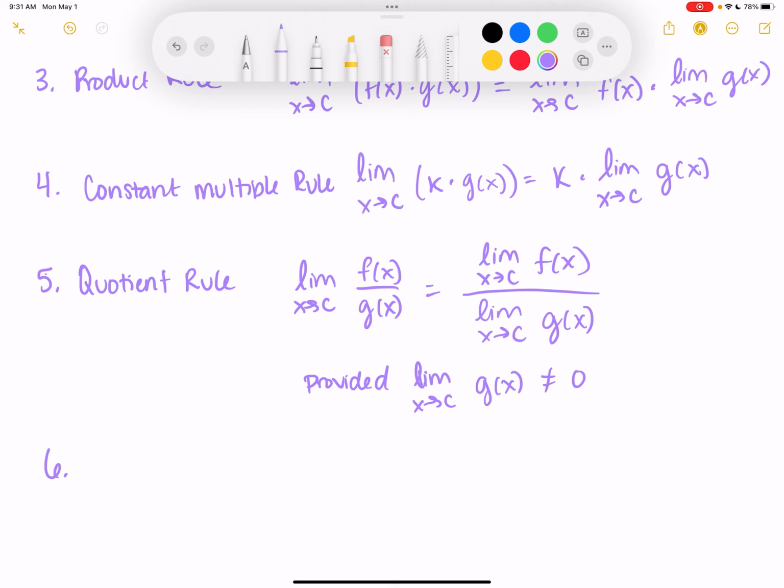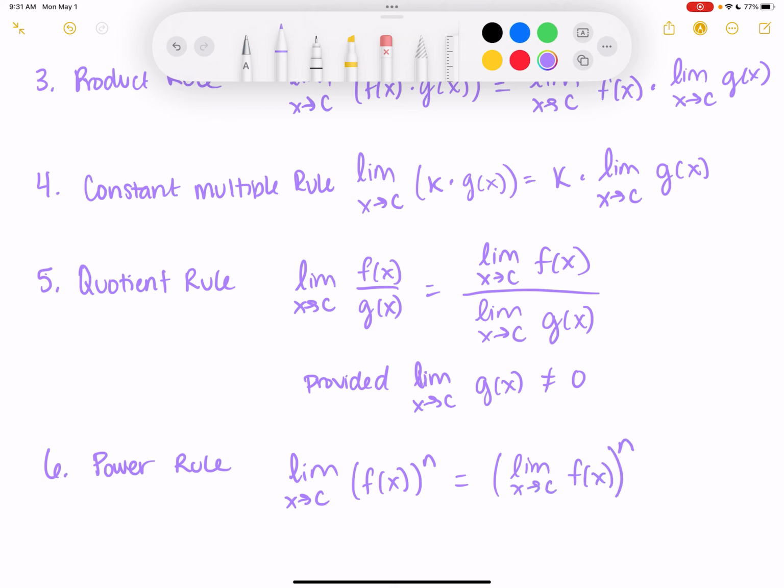All right, next we have the power rule, which is the limit as x approaches c of f of x raised to the n is equal to, in parentheses, the limit as x approaches c of f of x all raised to the n for n a positive integer.